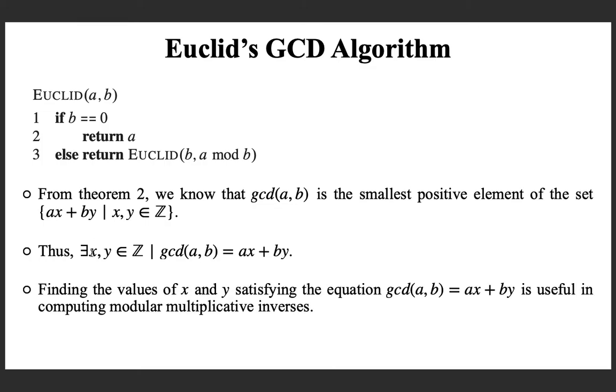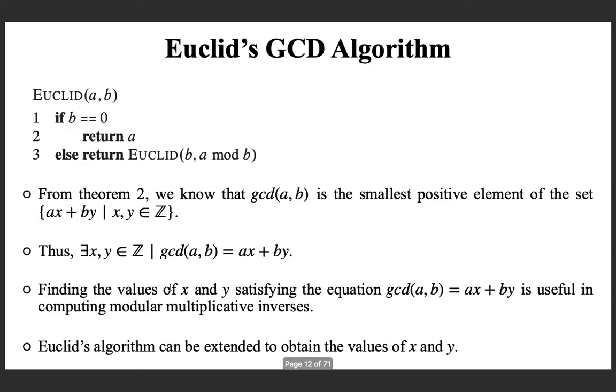And finding the values of x and y satisfying this equation is useful in computing modular multiplicative inverses. This is an application. With that motivation, Euclid's algorithm can be extended to find the values of x and y such that the GCD of A and B is ax plus by.